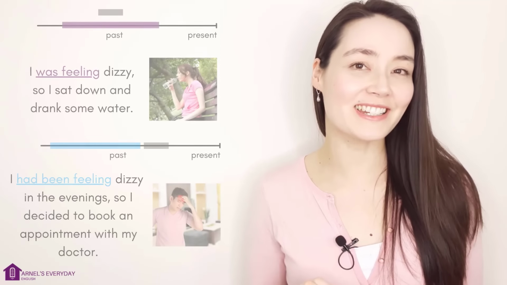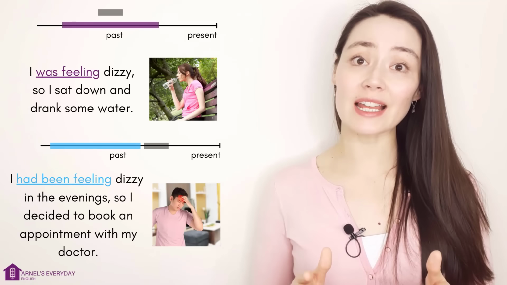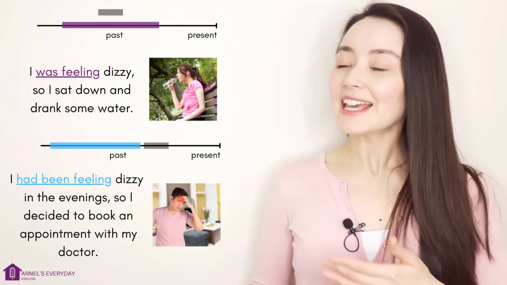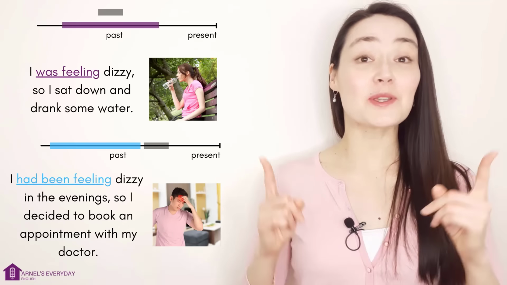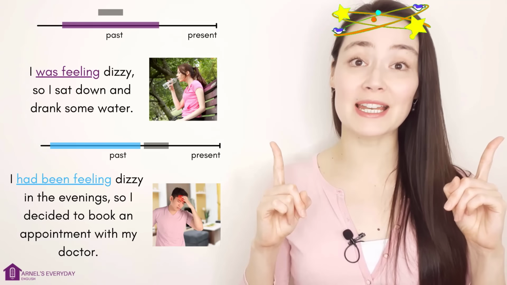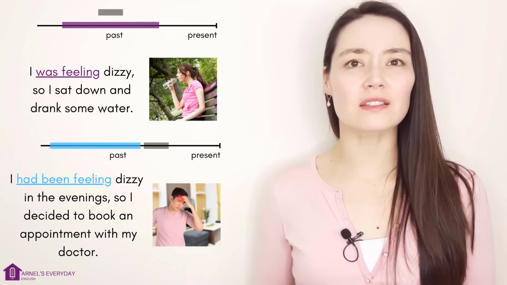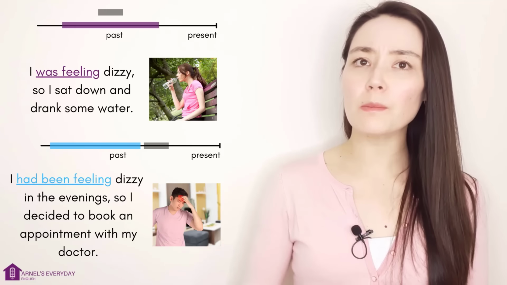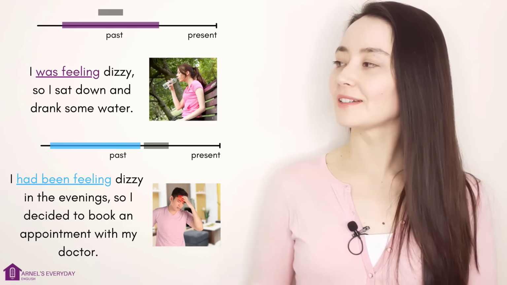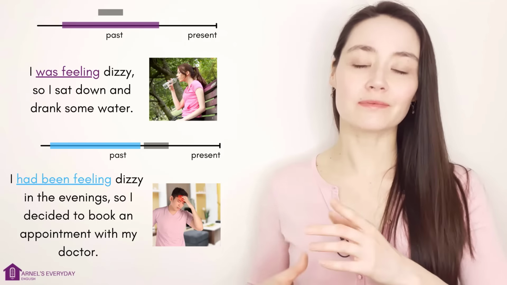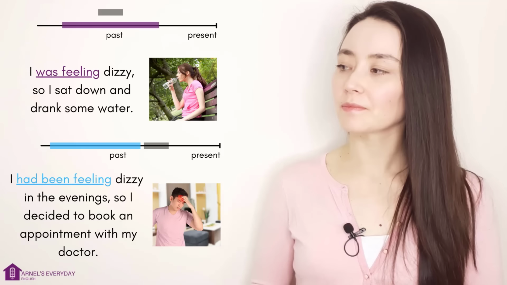Let's compare two more sentences so we can go into a bit more detail. I was feeling dizzy, so I sat down and drank some water. If you feel dizzy, your head is spinning. I had been feeling dizzy in the evenings, so I decided to book an appointment with my doctor. In the first example, it's happening at the same time.